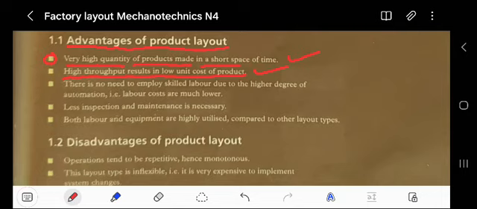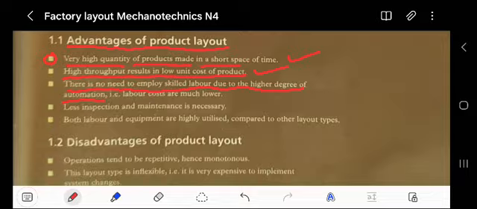And then there is no need to employ skilled labor due to a higher degree of automation. As I've told you, guys, remember we said there is a higher quantity of product made in a short period of time. Then I stated that you have to hire laborers who will operate those machines.